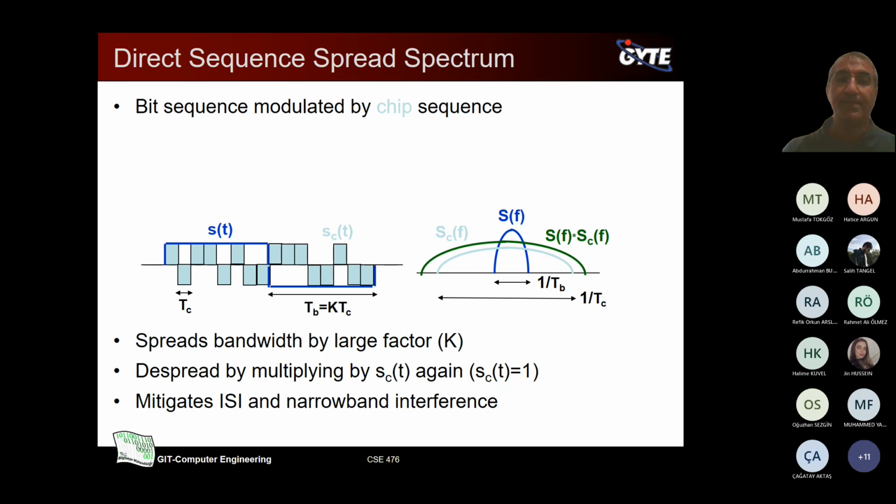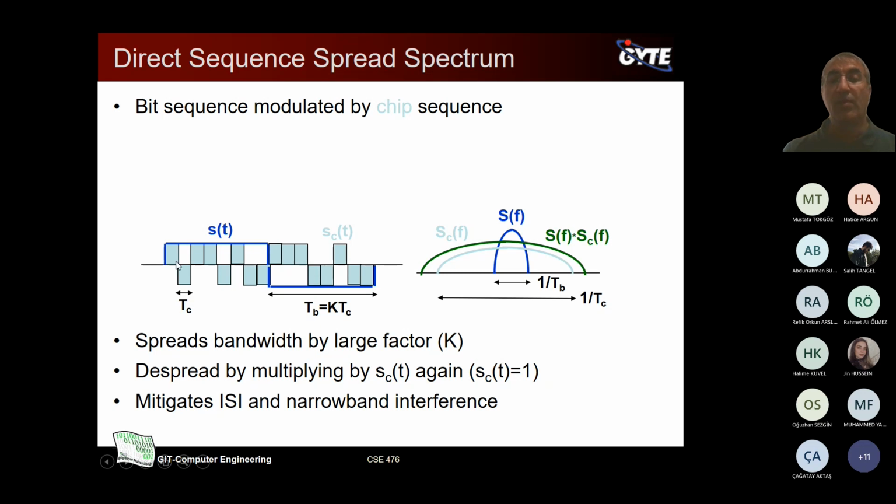It's simple. Instead of sending the symbol S of t, we multiply with the bit sequence. This is a kind of secret code that is known by the transmitter and receiver. Nobody else can decode this signal unless they know this chip sequence.